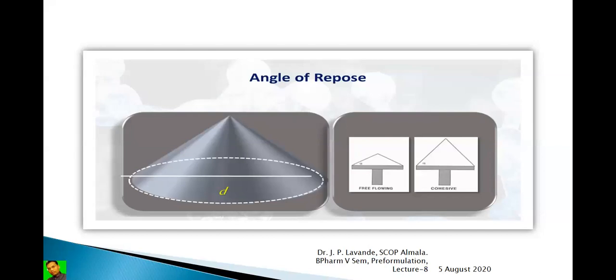Now, how is it to be calculated? After allowing the powder material to pass through the funnel, we have to measure the diameter of the base of this conical heap. The diameter is shown as D, and the height is shown as H. Here there is a triangle, and the angle at this point is shown as theta.